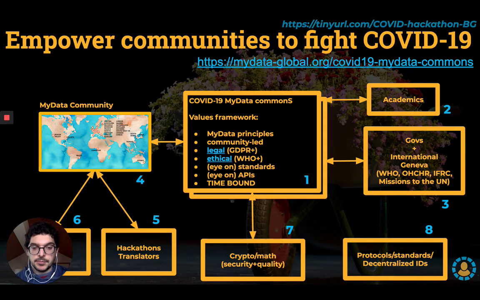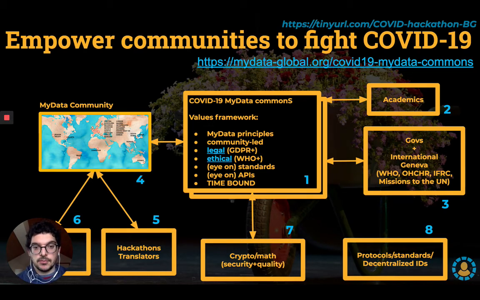So one proposition to get out of this, which is trying to use all of those insights into how previous epidemics were fought, but also understanding the importance of data in order to be able to go back in time to do the contact tracing, is to use data to empower communities to fight COVID.